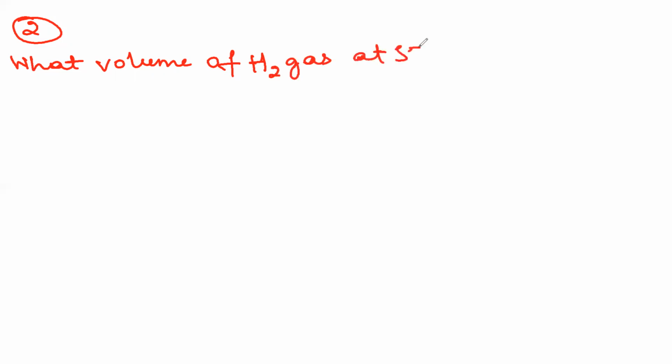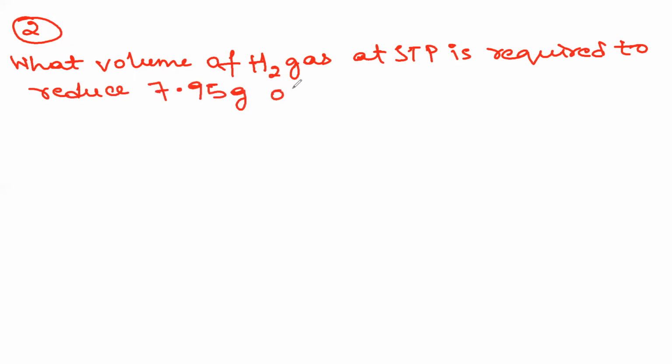Next, weight volume relationship, question number 2. What volume of hydrogen gas at STP is required to reduce 7.95 grams of cupric oxide, CuO, to give copper metal?